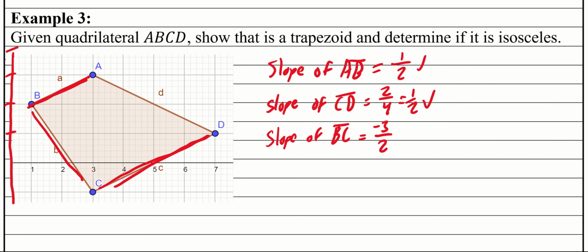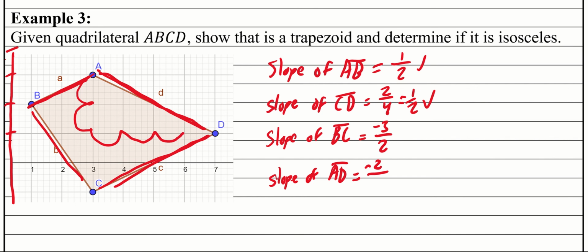And the last one I need to find the slope of would be the last side, AD, and make sure that this doesn't match. So my rise here, in this case, I'm going to go down 1, 2. So I can say slope of AD is going to be -2 over the run, which is 1, 2, 3, 4. So that comes out to be -2 over 4, or if I simplify that, -1/2.